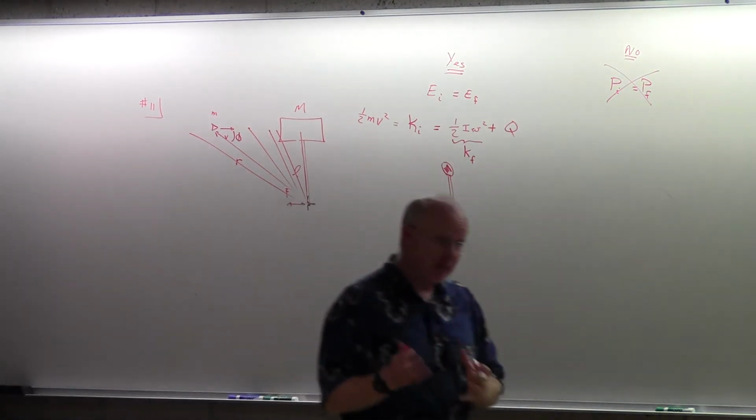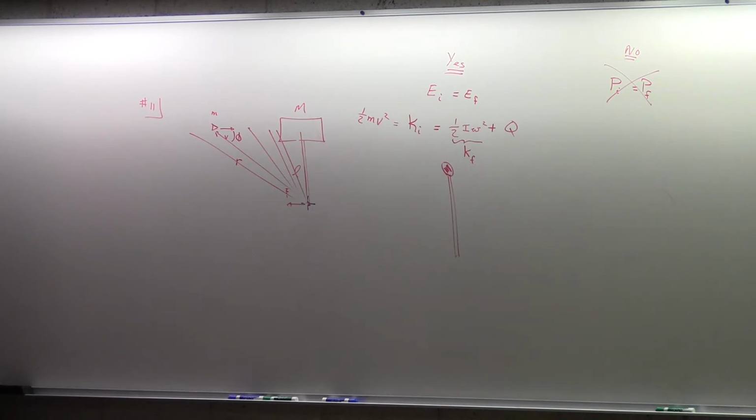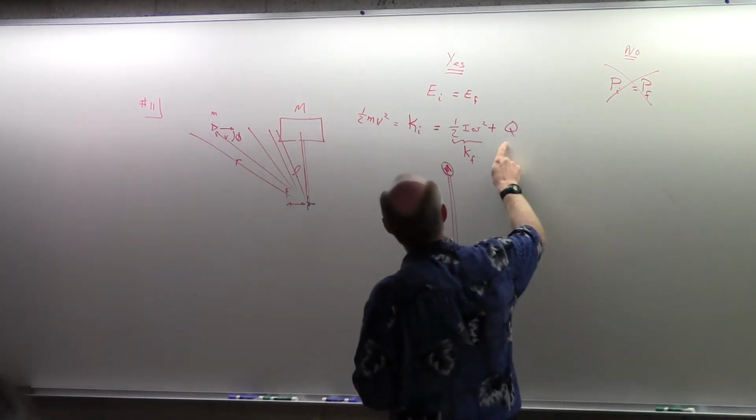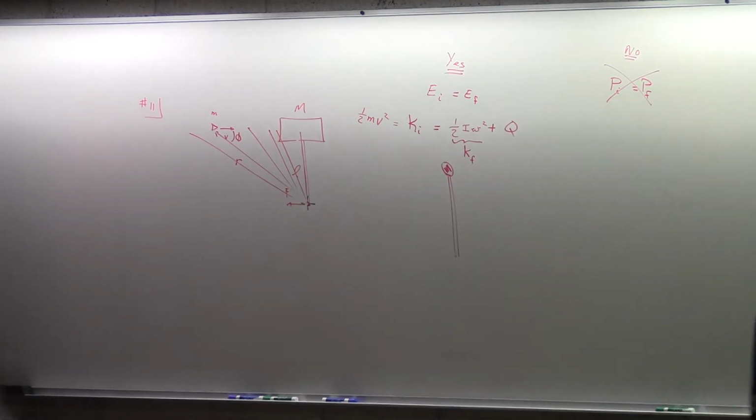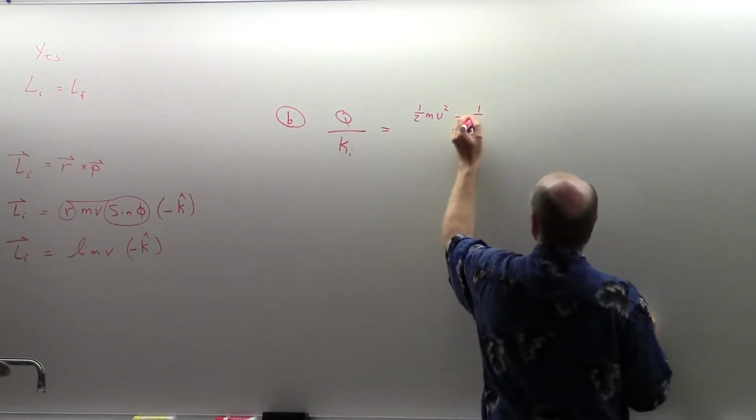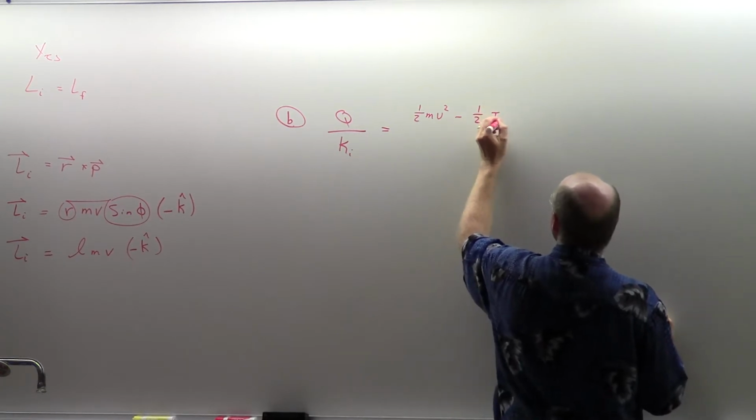Okay, so keeping that in mind, now I can start to work on this. And so as you noticed over here, to get the Q would be, well, this is how much you started with in terms of kinetic energy.